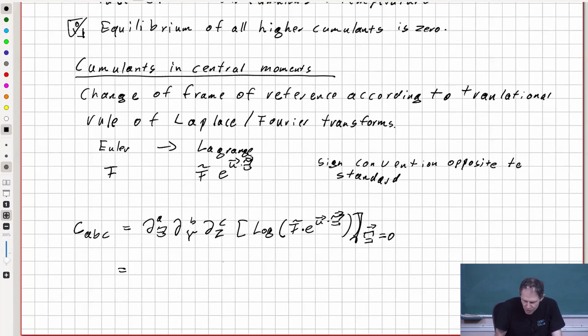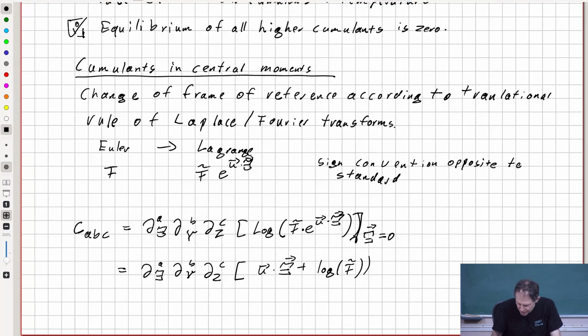So this can be written as this upsilon b, zeta c, which comes into u times xi, plus the logarithm of the one that is now in the Lagrange frame.